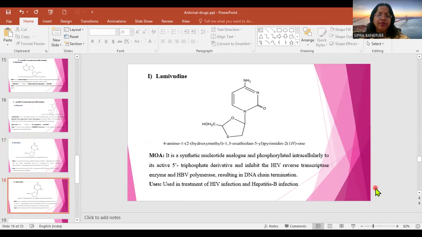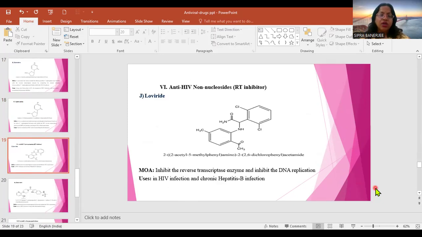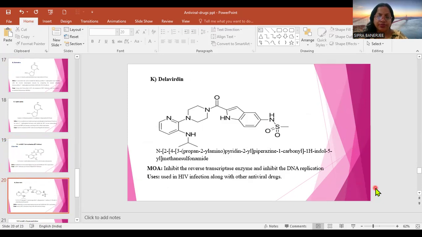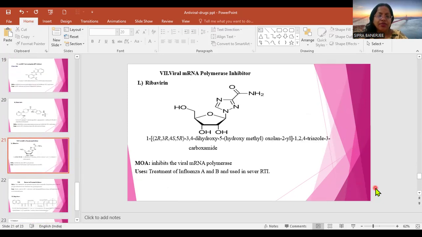Other drugs are zalcitabine and lamivudine, anti-HIV nucleoside reverse transcriptase inhibitors. Nevirapine inhibits the reverse transcriptase enzyme and inhibits RNA replication, and can be used in HIV infection and chronic hepatitis B infection. Delavirdine is a viral polymerase inhibitor.